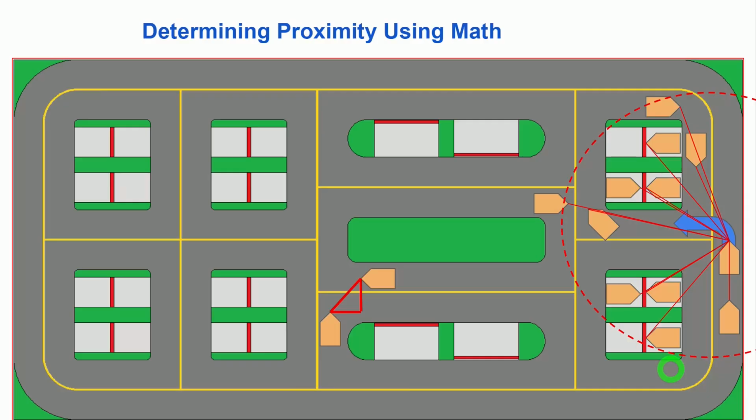So now it starts getting more complicated. Well, if it's within 24 inches range, okay, that's a concern. But then, is it on the same road? Well, yes, or maybe no. Well, yes, it could definitely be a problem, especially like in the case of this Zoomie. But what about this Zoomie? He's not on the same road. In fact, he's around a corner and on a completely different road.